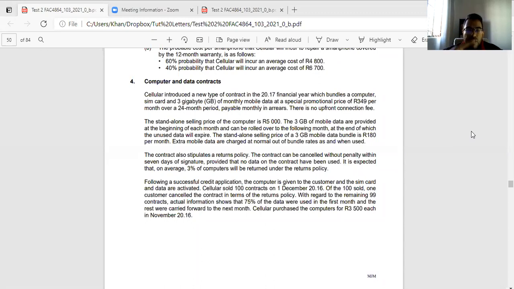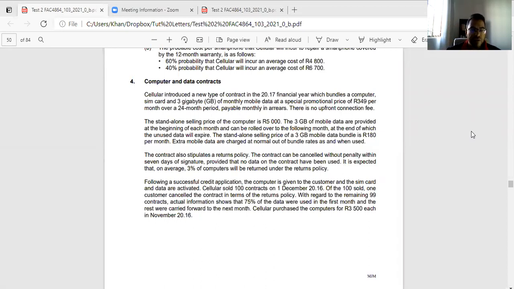Under the cost of sales, we will call it a right to return asset. So you will say debit right to return asset with 3% of the cost price. You will see it in action, and I'll provide more explanation when we do the journal entry. But as you read the scenario, you must already be thinking what this impact would be.